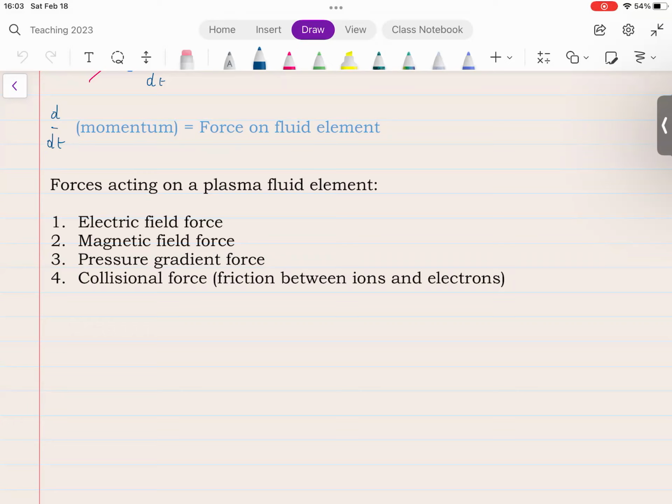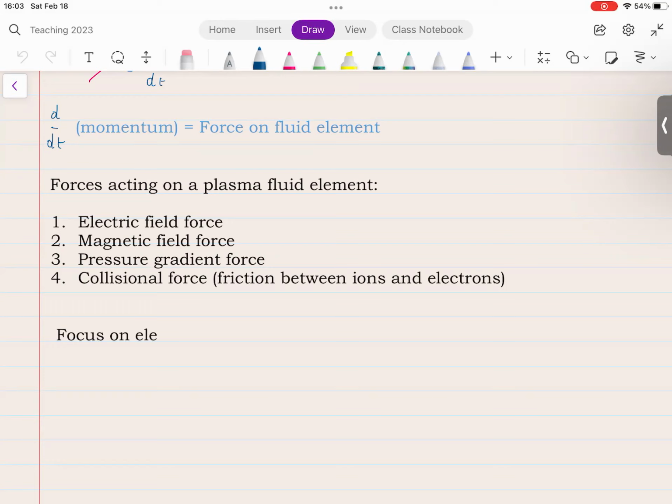Could be made of electrons. Let's, in fact, focus on electrons for now, because we'll have to decide about signs for the electric and magnetic field terms.